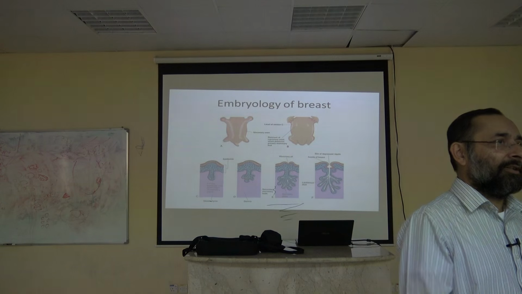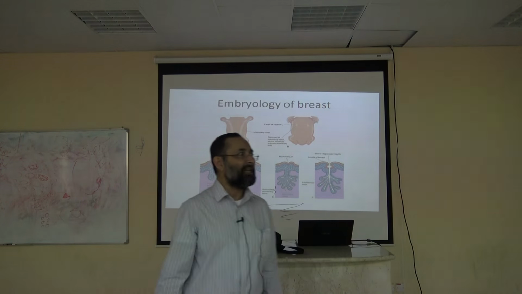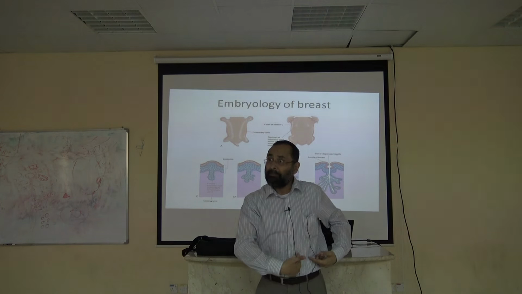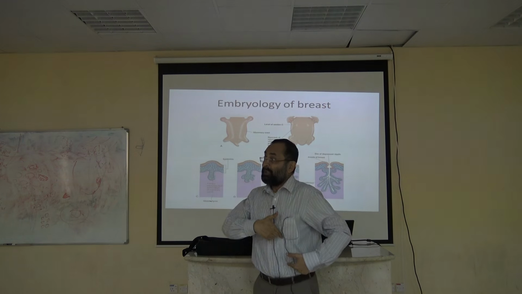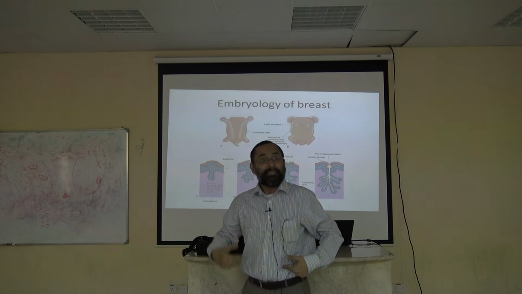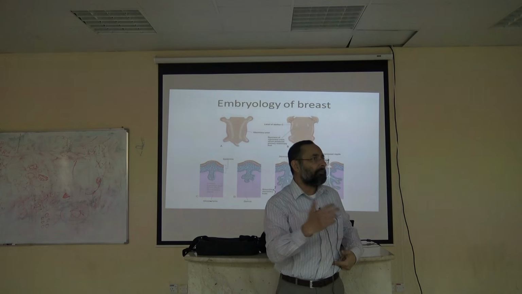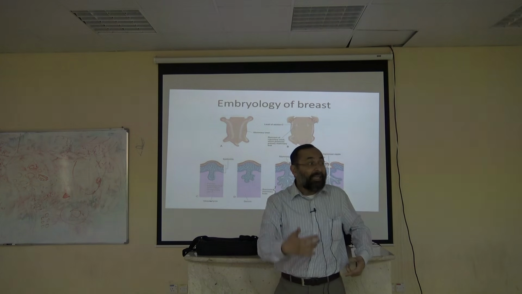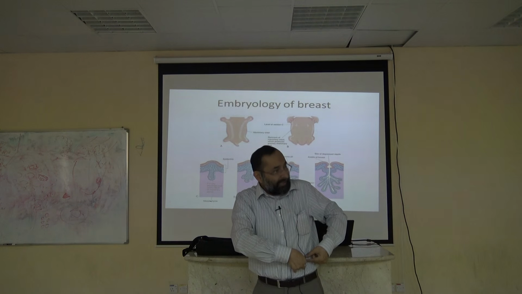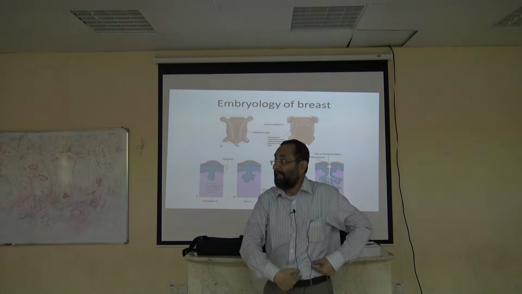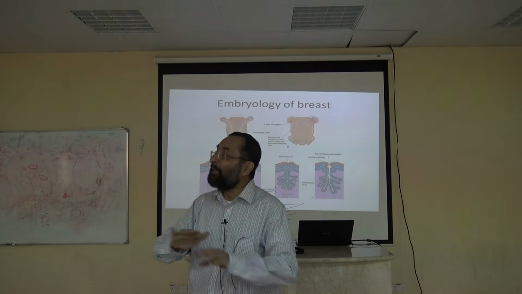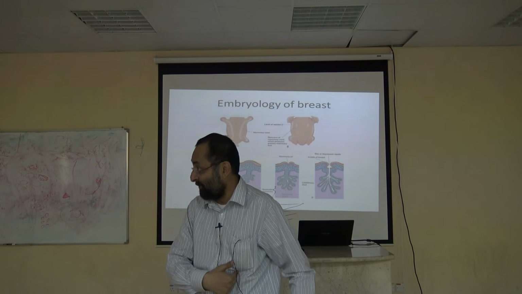I don't know if you have seen or not, but some of us, males or females, when we are embryos, have the complete line. And that line has to disappear, only this region has to be left for the development of the mammary gland. Sometimes, some persons, perfectly normal, have over their skin a little nipple-like structure or a mammary gland here, along that line. Because sometimes in some embryos, it fails to completely obliterate and more than one remnant may be present.